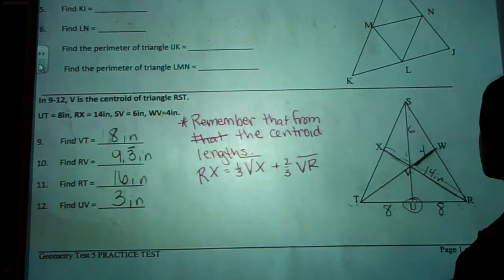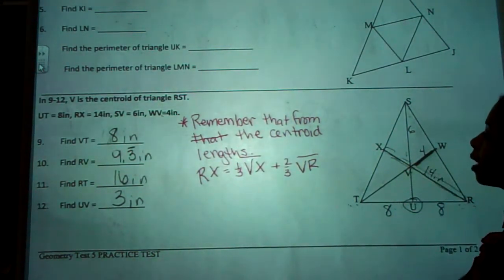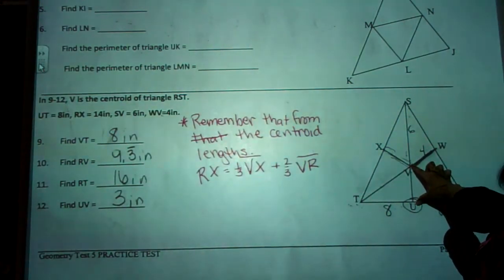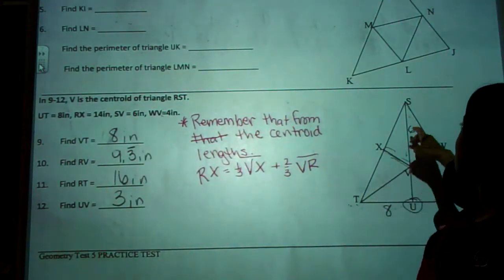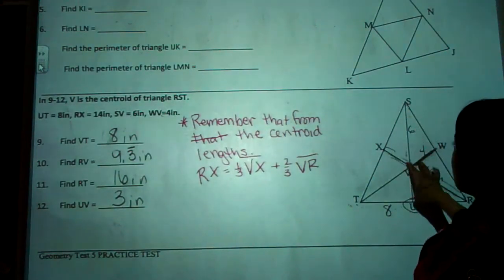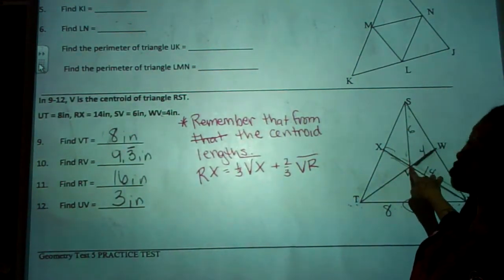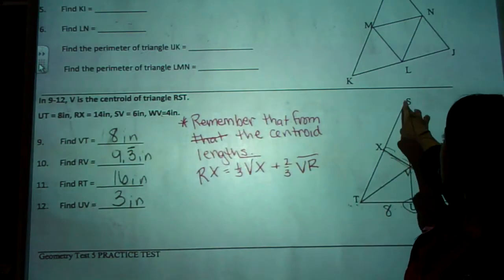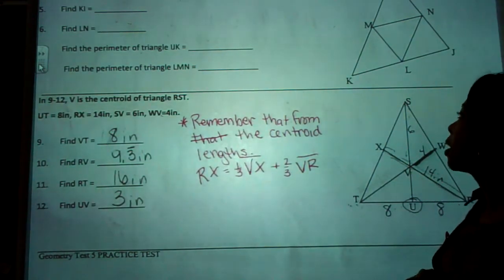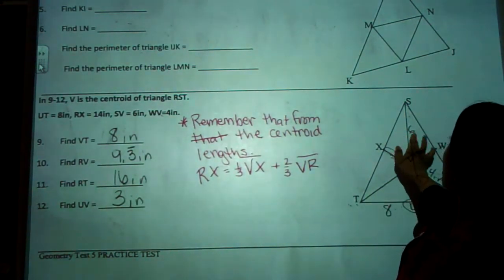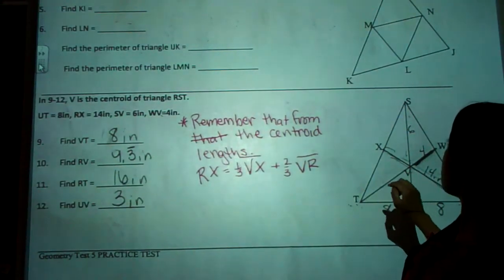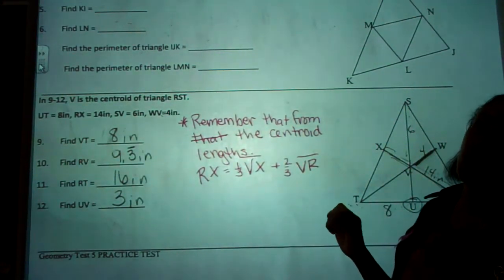And finally, UV, which is here. This is the 1/3 portion from the centroid. That means that SV, from S to the centroid, is the 2/3, and that length is 6. Well, if I divvy that in half, it'll tell me how many thirds I'm supposed to have. 6 halved is going to be 3.